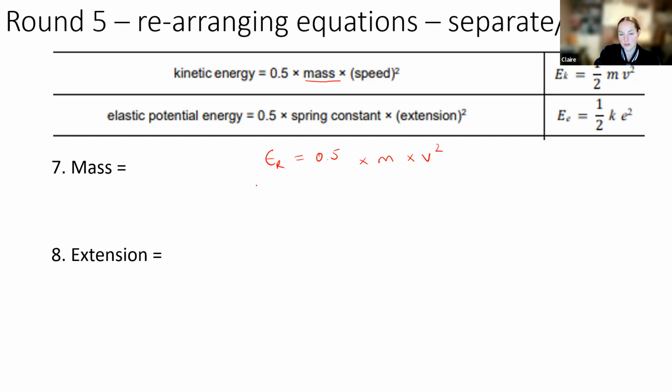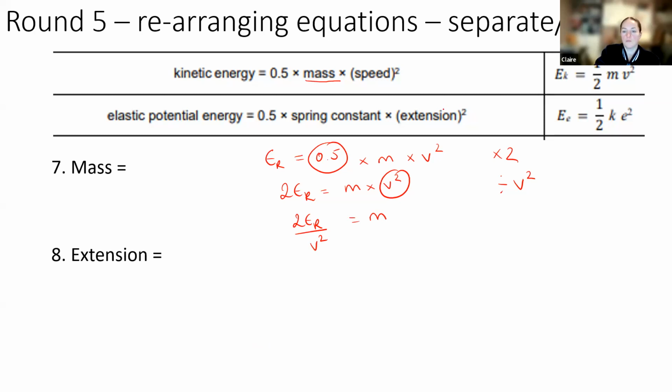As in the demonstration, we have to get rid of the 0.5 first, so we times both sides by 2. That gives us 2 lots of the kinetic energy equals the mass times velocity squared. Then we need to get rid of the v squared, so we divide both sides by v squared. So 2 lots of the kinetic energy divided by v squared equals your mass. And that's your answer for the first one.